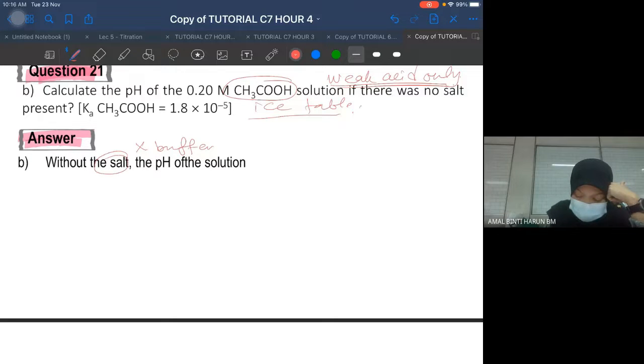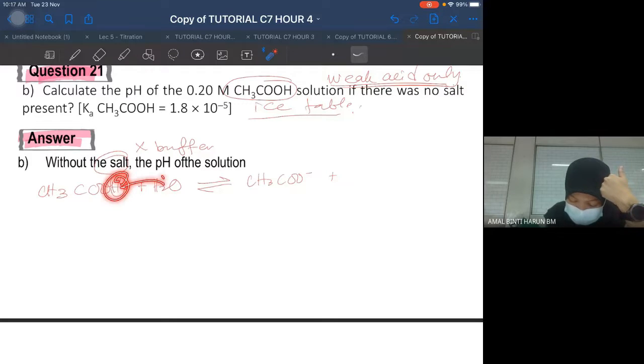Okay, so dissociation of weak acid is, you can put water or not. For acid it's up to you whether you want to put water or not. So it is reversible because it's weak acid, CH3COOH equilibrium CH3COO minus plus this H. Yes, this H will go to the H2O and become H3O plus.